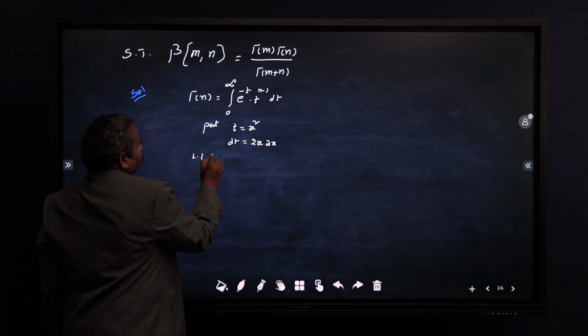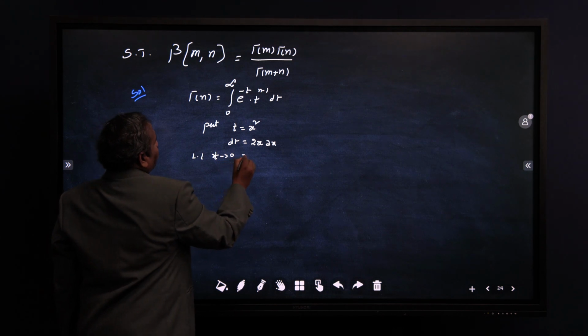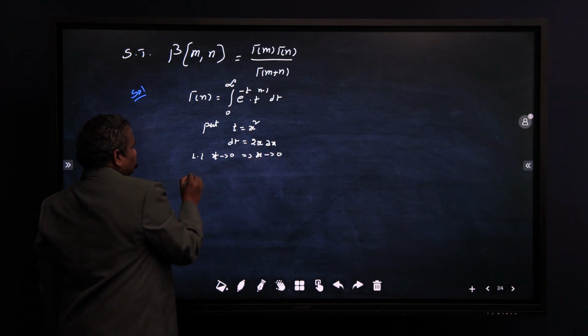Lower limit, t tends to 0 implies x reaches 0.